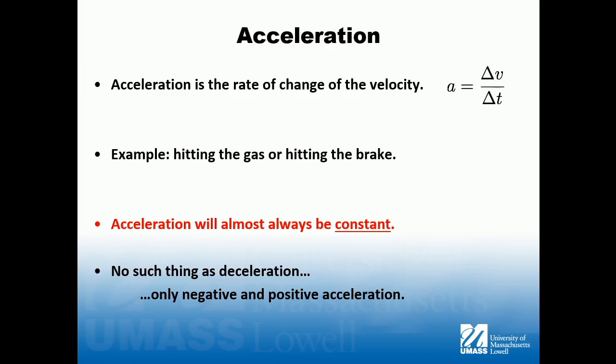Some instant of time later, speed is now 15 meters per second that way. So its new velocity is minus 15 meters per second. Minus 15 minus minus 10 means that its velocity changed by minus 5. Which means its acceleration is negative because delta v is negative. So what we just described is a situation where you're moving in the negative direction and picking up speed, which implies a is negative.